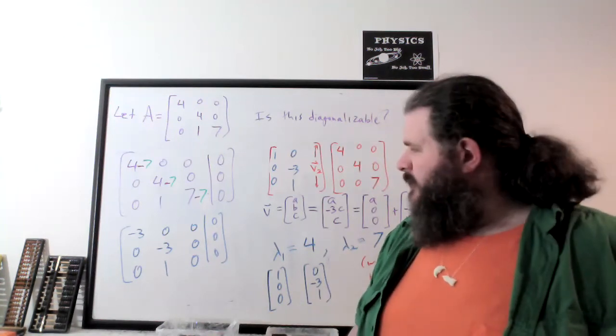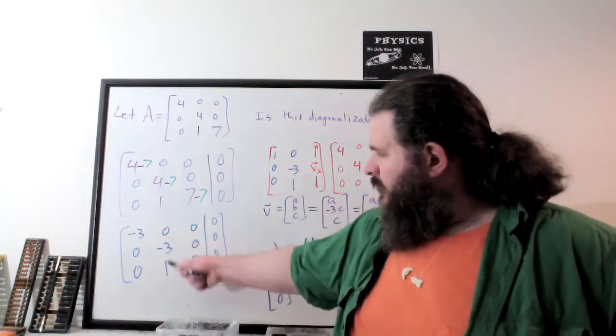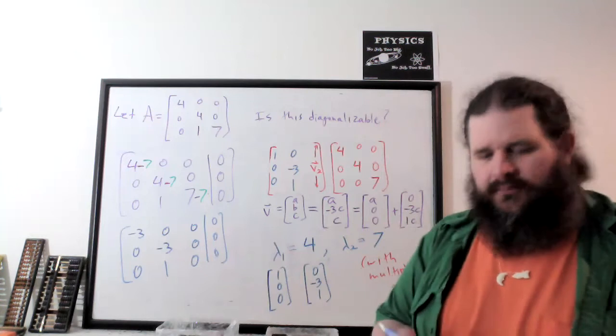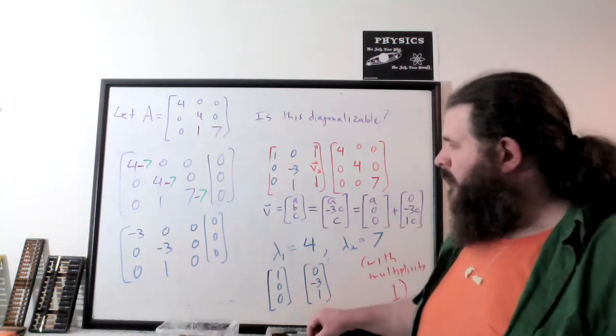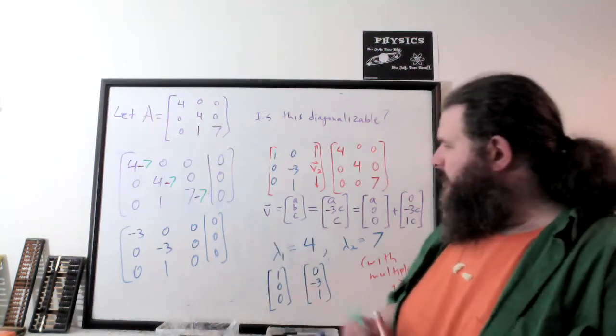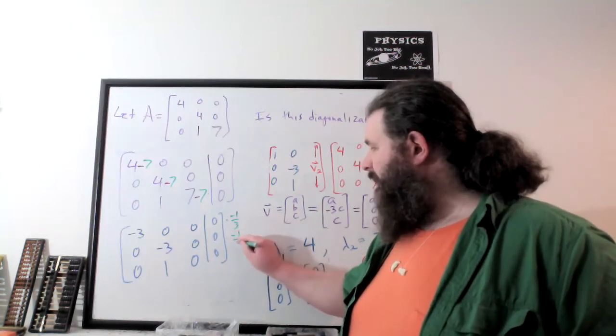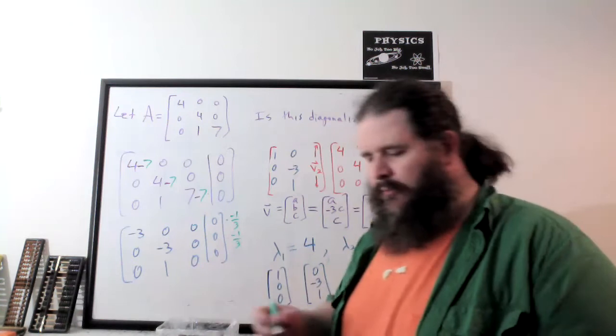Yeah, we should only get 2 pivots. Because notice that the third row is just a multiple of the second row. So we can use the second row to cancel out the third row. In fact, what might be useful here is to multiply the first row by -1/3 and also multiply the second row by -1/3. So these just become 1s anyway.